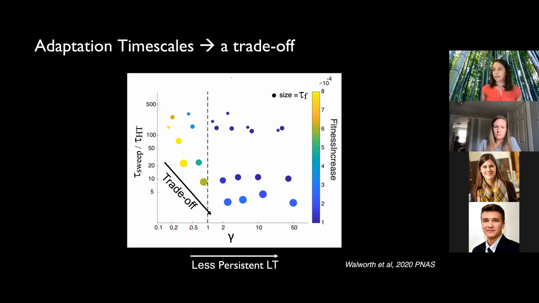And so what we see is that when these non-genetic modifications are persistent, and then the y-axis is how quickly the sweeps happen, we see that the sweeps happen more quickly, but their fitness increase when you go into the new environment is low. So they're not tracking the new environmental change. Whereas when they are less persistent, we see the sweeps take a lot longer to happen, but they're doing a much better job at tracking those environmental fluctuations.